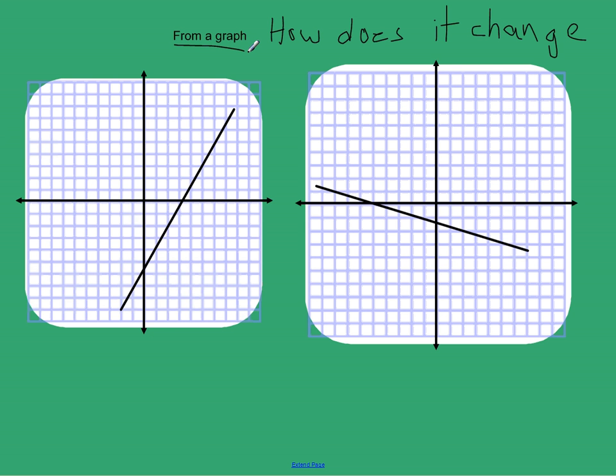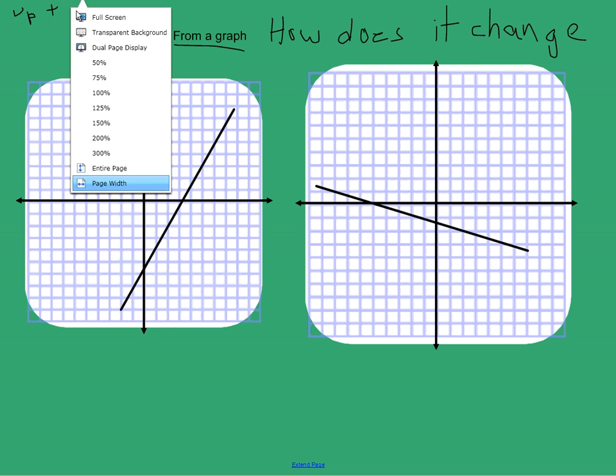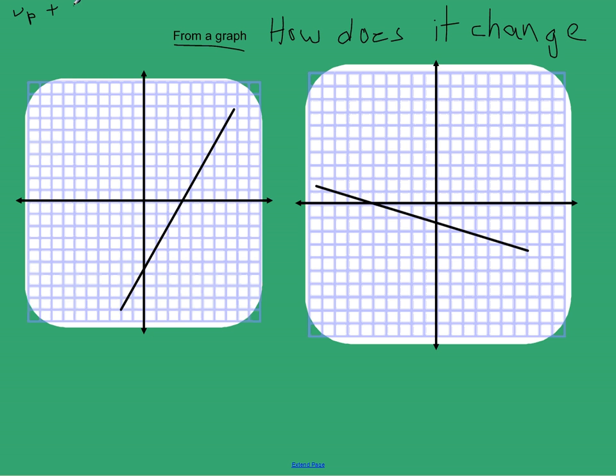And mathematicians, so that everybody's kind of on the same page with this kind of thing, we like to describe how it changes up and down. And I'll show you what that means in just a second. How it changes up and down, and then, second, how it changes left to right.